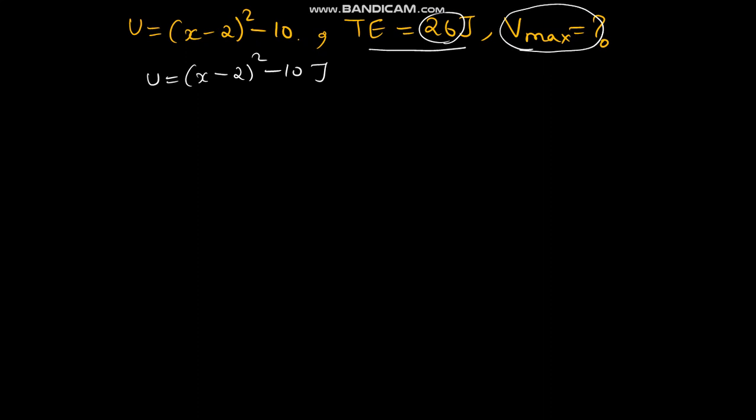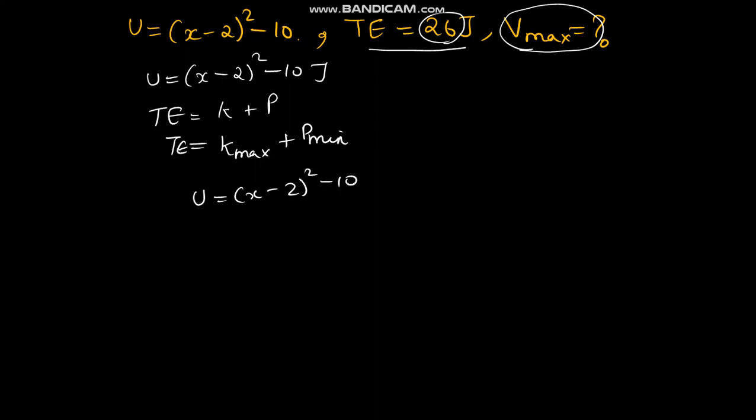In the previous video on energy in SHM, I said that total energy is equal to kinetic energy plus potential energy, that is equal to the maximum value of kinetic energy plus the minimum value of potential energy. We have U is equal to (x minus 2) the whole square minus 10. When will the potential energy be minimum?